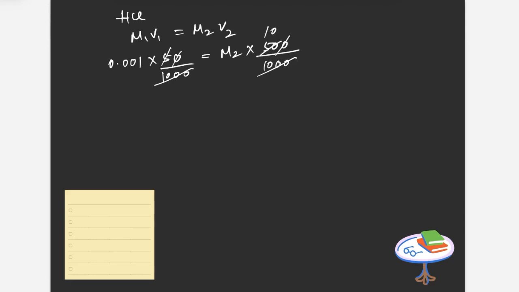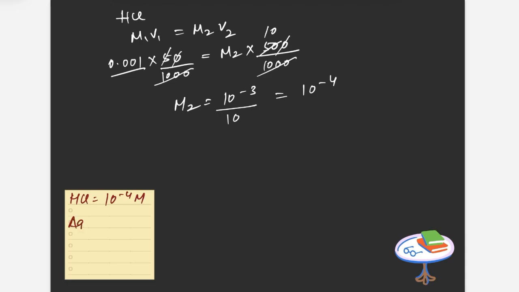So finally you get new molarity equal to 0.001, which can be written as 10 to the power minus 3, divided by 10. So this becomes 10 to the power minus 4. So the new molarity of HCl solution is 10 to the power minus 4 M.